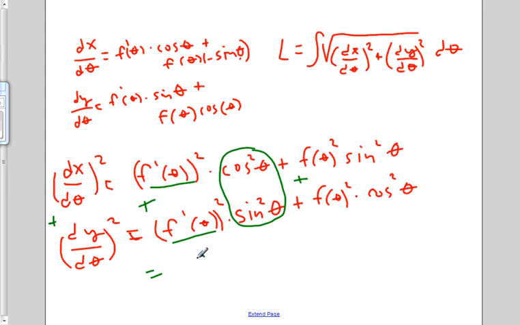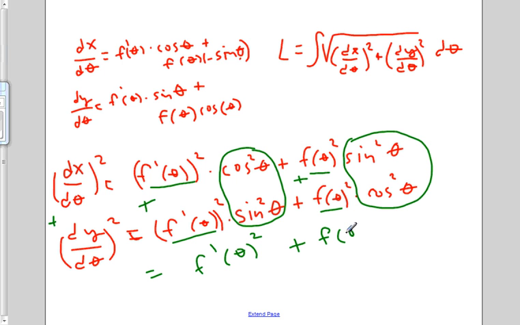So this ends up just being f prime of theta squared plus, and if I factored f of theta squared out, what I'd be left with is sine squared theta plus cos squared theta, same thing, equals 1. So plus f of theta squared. So what we're left with is just f prime of theta squared plus f of theta squared. And that's this chunk right here.